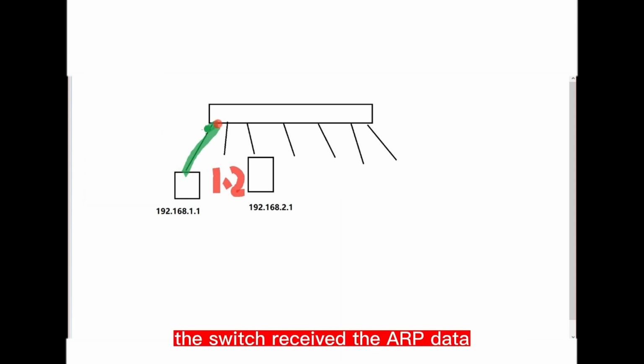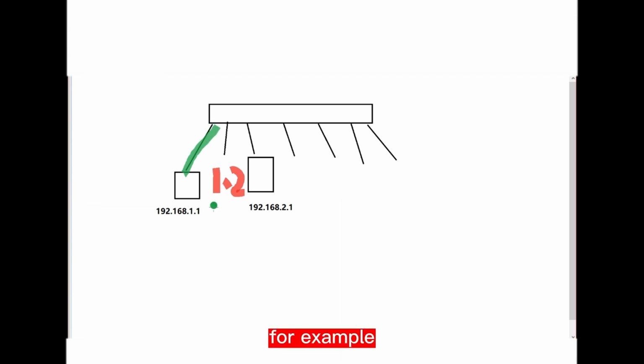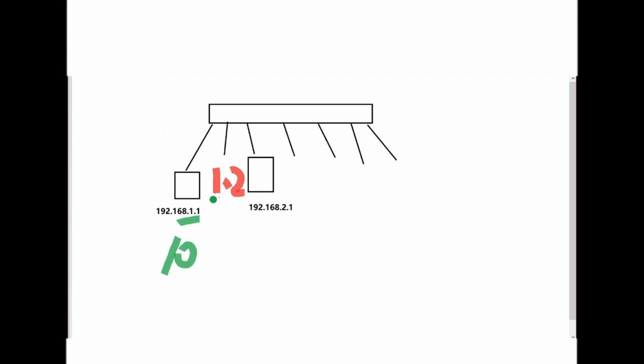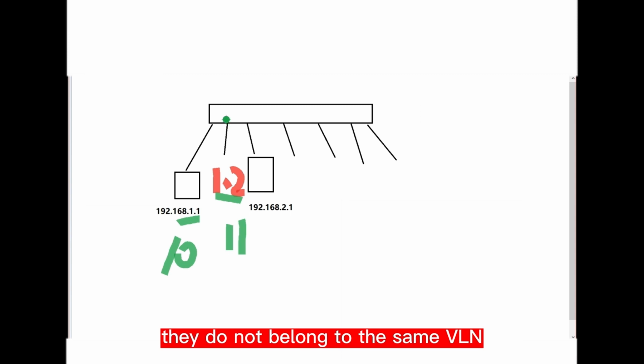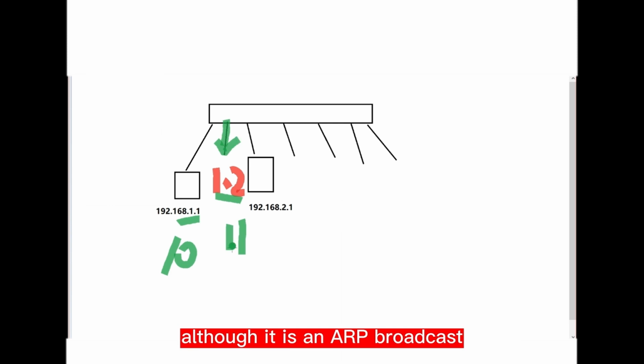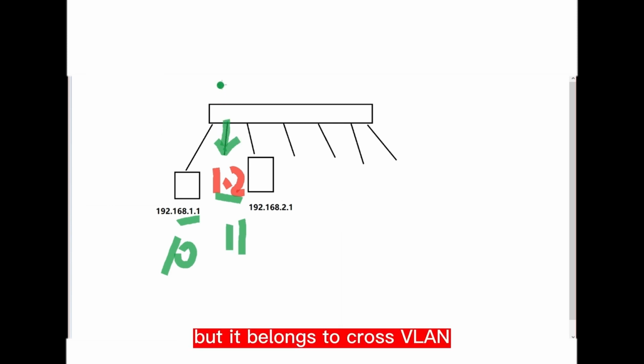The switch received the ARP data. How does it tell which VLAN it is based on this data? For example, I now assign 1.1 to VLAN 10. 1.2 in VLAN 11. They do not belong to the same VLAN. Then this data should not be forwarded. Although it is an ARP broadcast, but it belongs to cross VLAN.